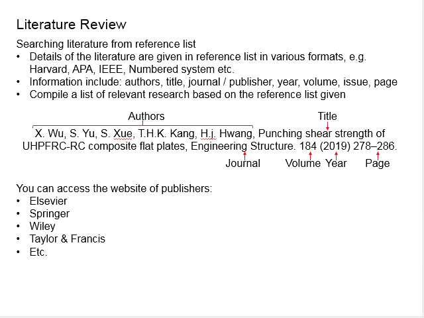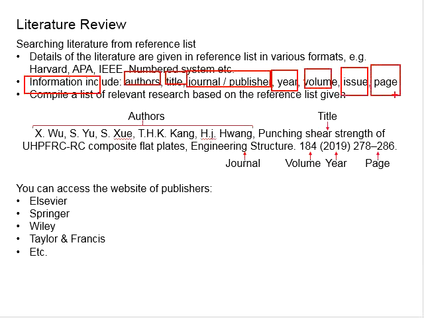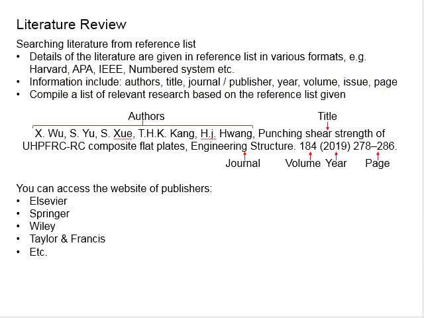Normally, the information given in the reference list includes the authors, titles, journal or publisher, year of publication, the volume of the journal, the issue of the journal, as well as the pages of that particular paper within that volume and issue. This is an example of the details given in the reference list.